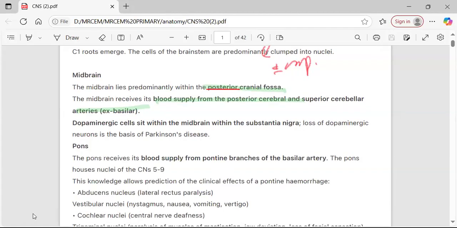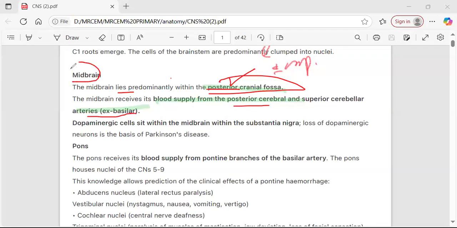Midbrain lies within the posterior cranial fossa, which you must remember. It gets its blood supply, which we will also discuss in the blood supply of the brain, from the posterior cerebral and superior cerebellar artery.